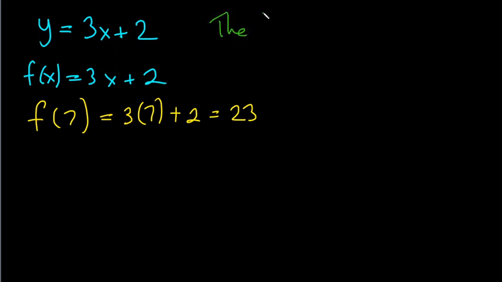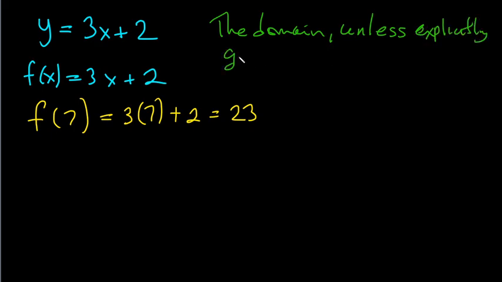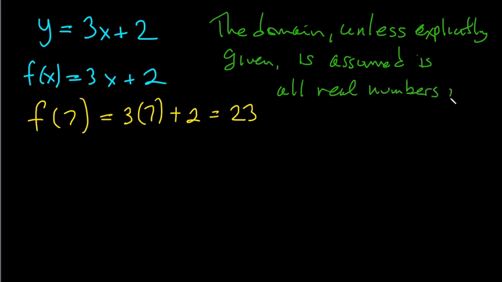So the domain, unless explicitly given to you, which sometimes it is, but usually not, we're just going to assume is all real numbers x for which f of x is defined.